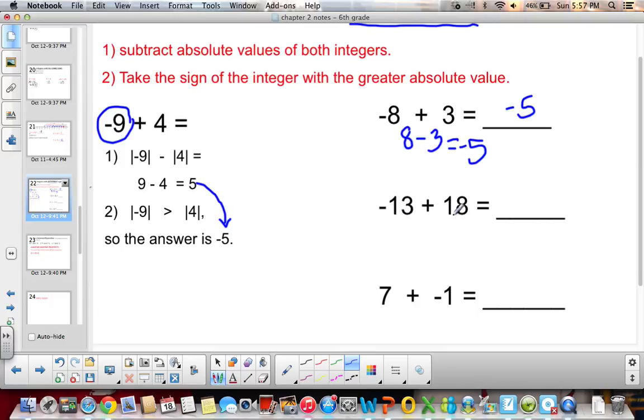So we have a negative and a positive, so I'm going to drop my signs. I'm going to take my larger number, 18 minus 13, which is 5. Now I look and I see 18 is larger and 18 is positive, so I'm going to keep it +5.